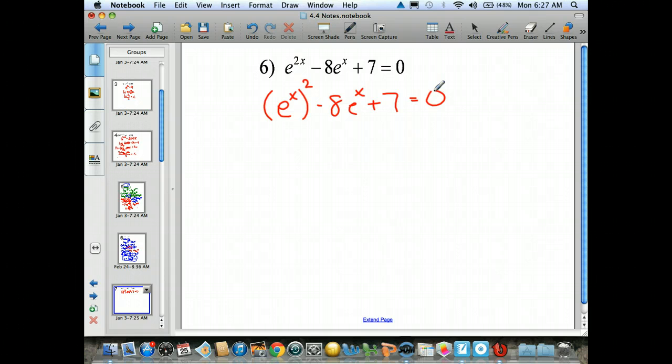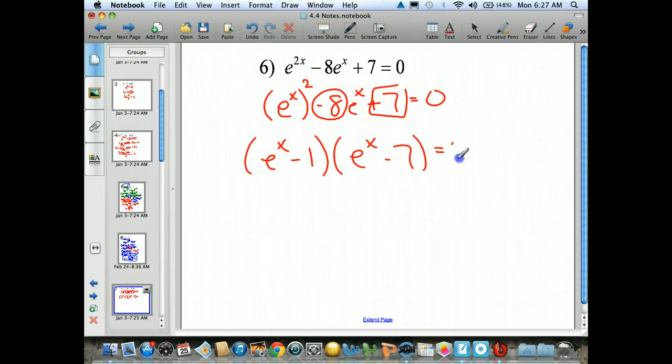So it's a quadratic-like equation. And notice this particular one is easily factored because two factors of 7 that add up to -8 would be -7 and -1. So this one factors easily into e to the x minus 1 times e to the x minus 7 equals 0.